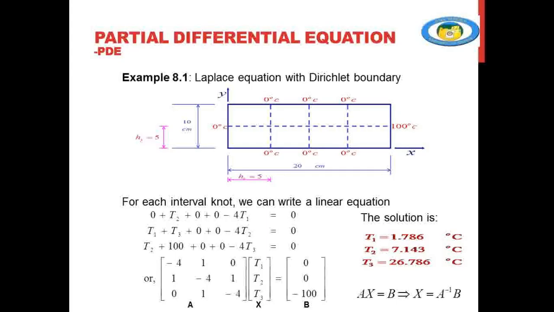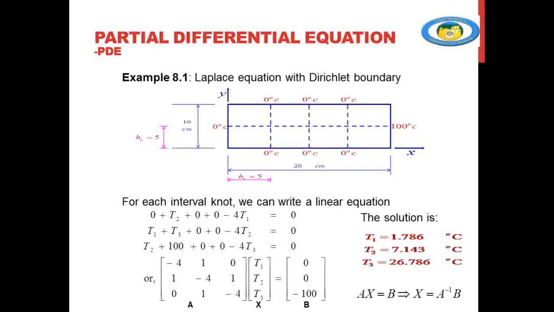The second equation could read 1 times T1 plus negative 4 times T2 plus 1 times T3 is equal to 0. And the third equation is 0 times T1 plus 1 times T2 plus negative 4 times T3 is equal to negative 100, just rearranging the equations.